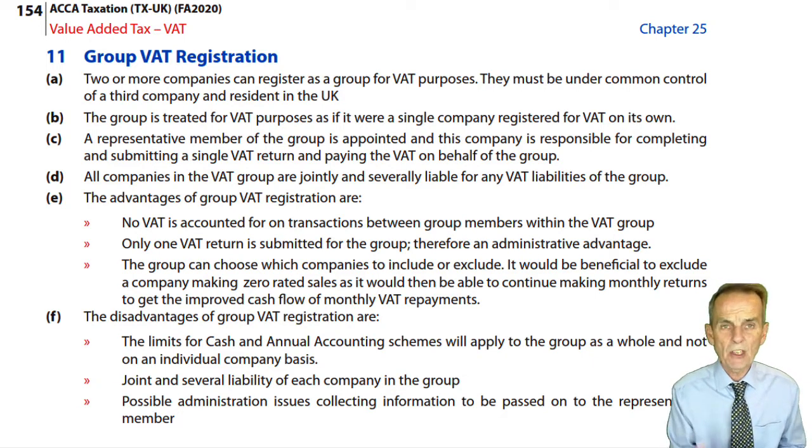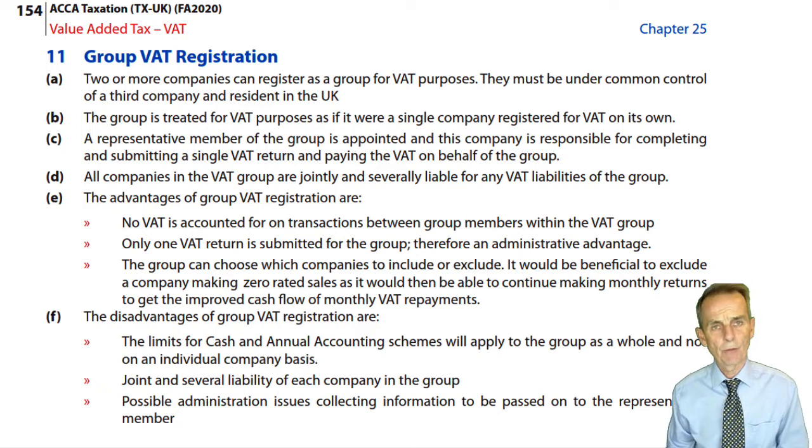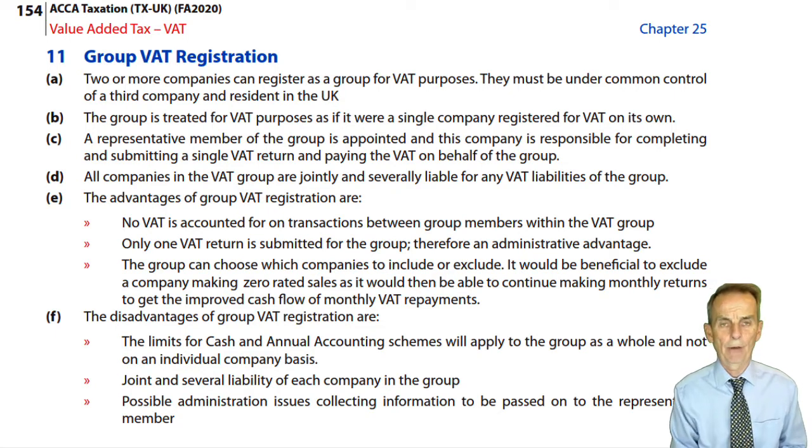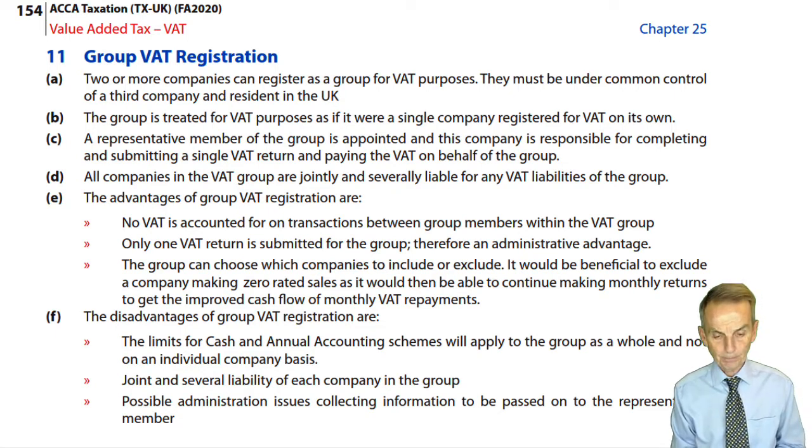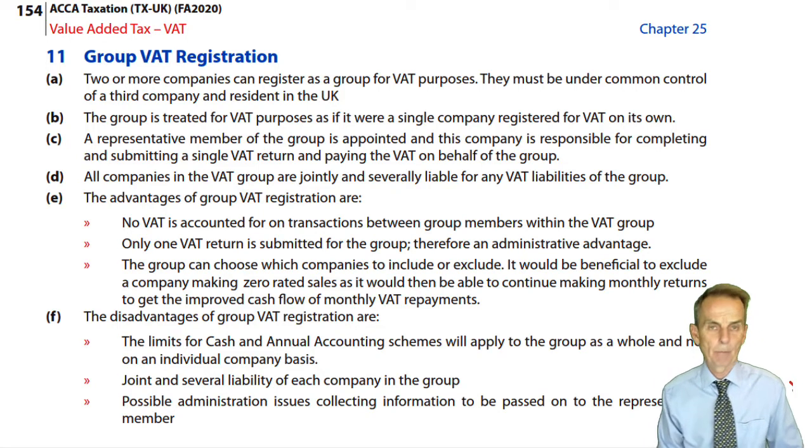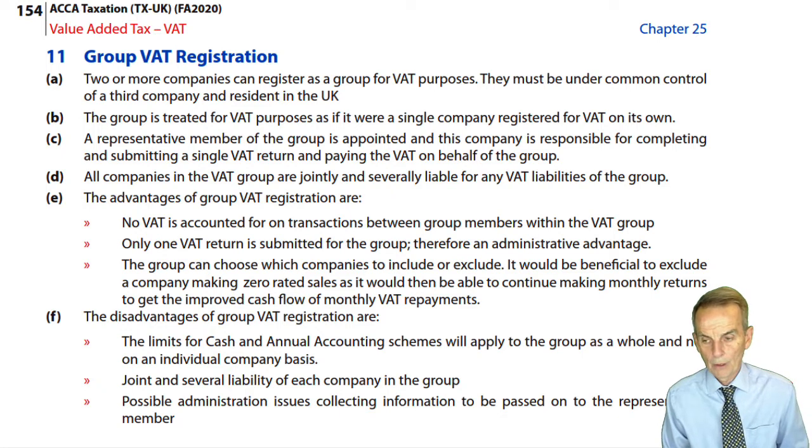And once it was registered for VAT, then it would have to submit VAT returns accounting for the output VAT less any input VAT upon that VAT return. And normally it would work that way, that output VAT would exceed input VAT, and on that basis, therefore, the company, the business, would pay over to HMRC.